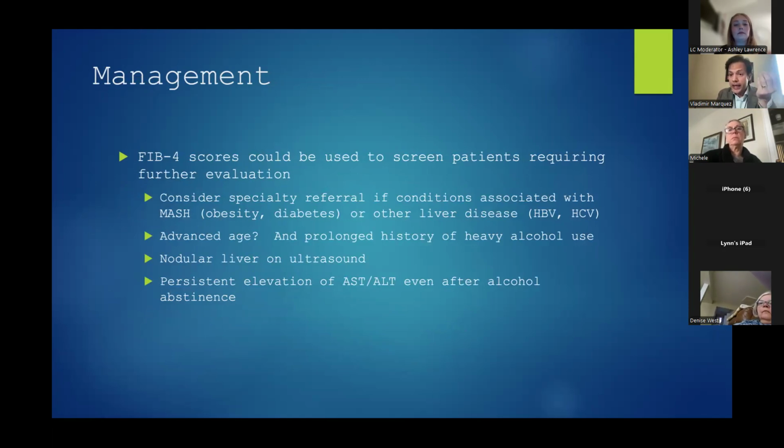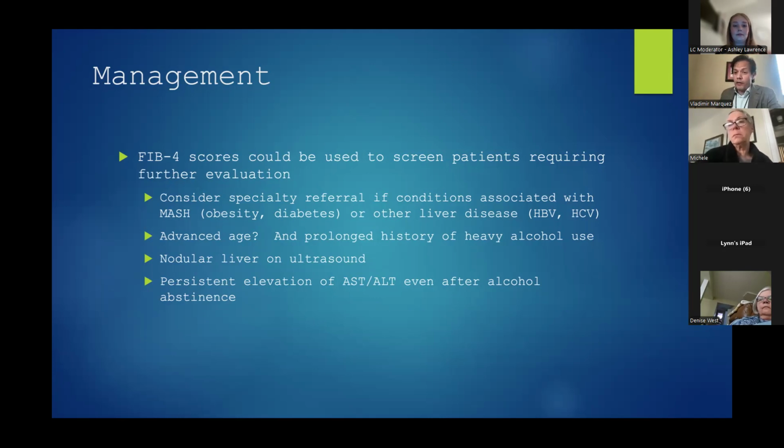We can still, in this population, use the FIB-4 score that I have shown before to screen the patients that may require further evaluation. But we could also consider, in patients that are at high risk of disease because they have other risk factors, such as steatotic liver disease, or other liver diseases, such as chronic hepatitis B, or chronic hepatitis C infection, whether untreated or even treated, to assess better.